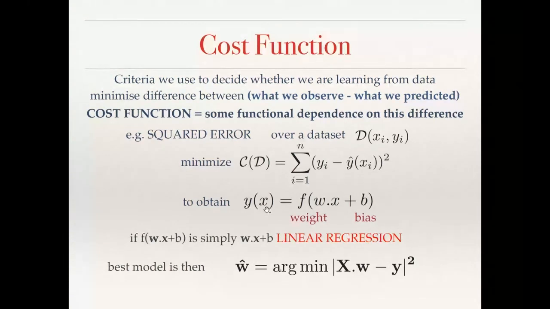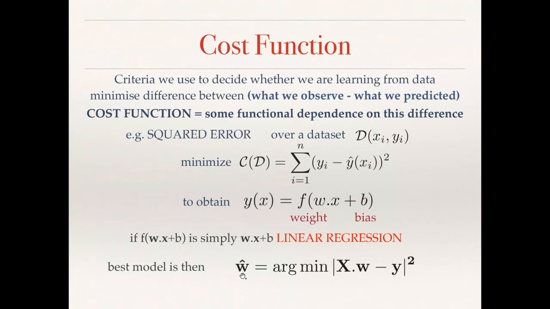It could be that you want to describe the data such that given some inputs, there is a linear relation with the weights and the bias. But it could be extremely complicated and highly nonlinear, like we are going to see tomorrow. But in general, your predictions are going to be some function of the inputs and some weights and biases. So these parameters, weights and biases, the best values for these parameters are obtained by minimizing the cost function.